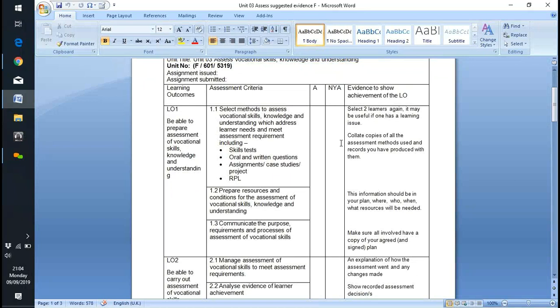So on LO1, it's very similar: select methods to assess vocational skills, knowledge and understanding, which address learners' needs to meet assessment requirements, including skills tests, oral and written questions, assignments or case studies, a project, or recognition of prior learning. For oral and written questions, that could be like a case study example, couldn't it?